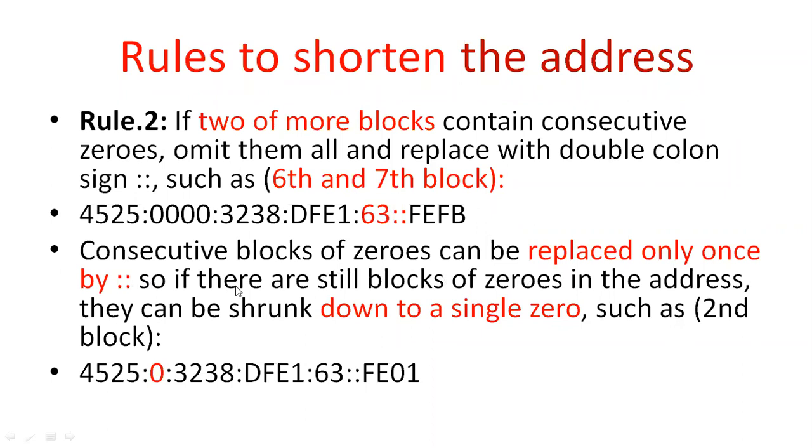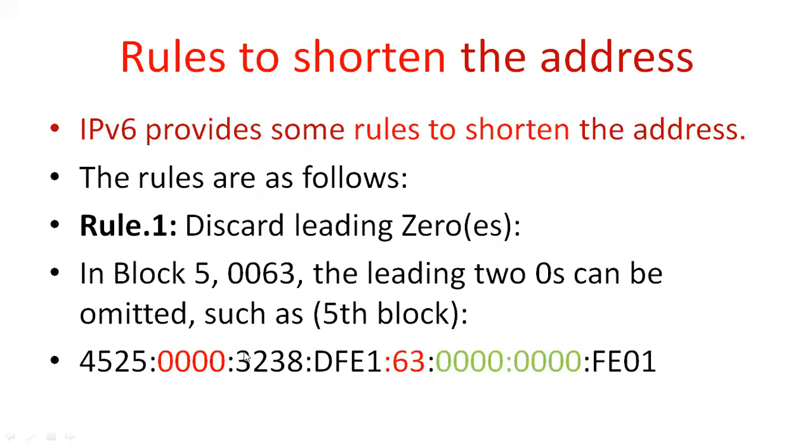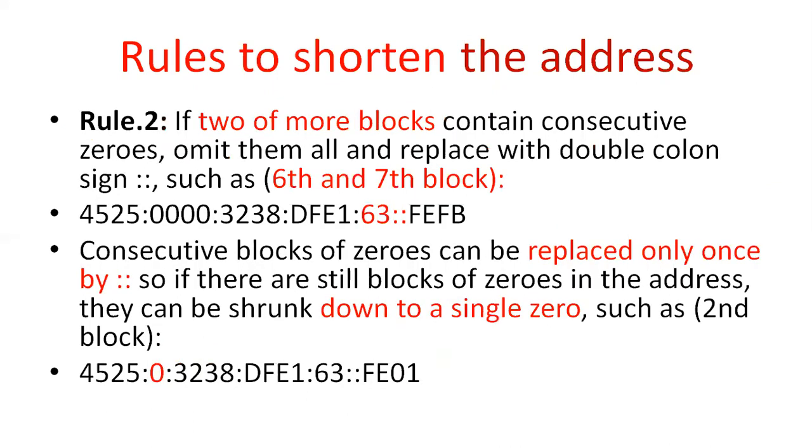There may still be blocks of zeros in the address. Here, the second group consists of 0000. These are not consecutive blocks of zeros; only one block consists of 0000. So omit these and replace them with a single zero.